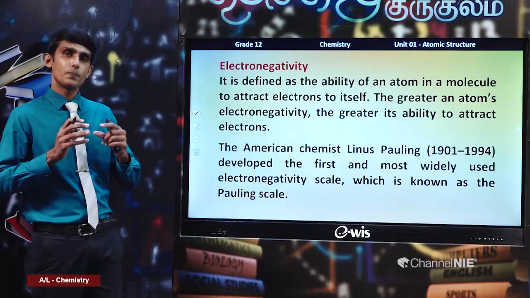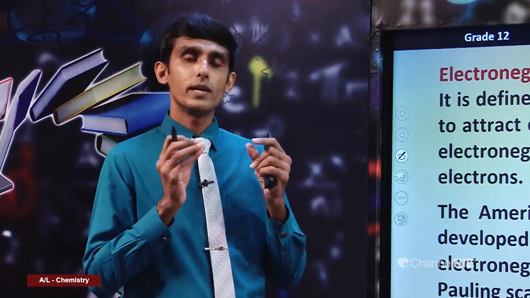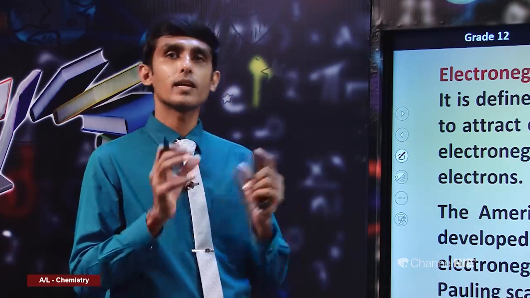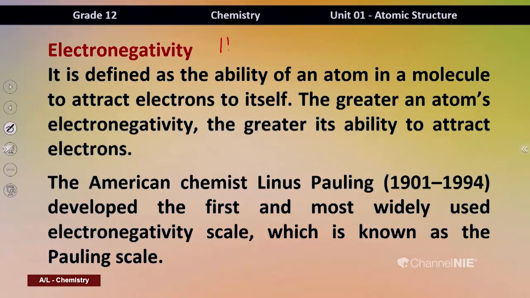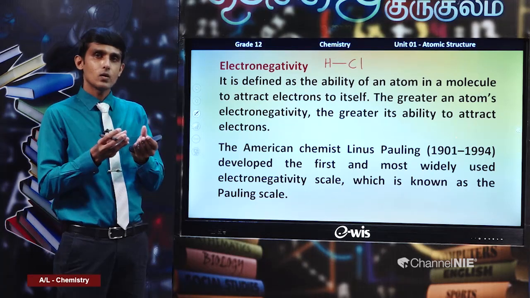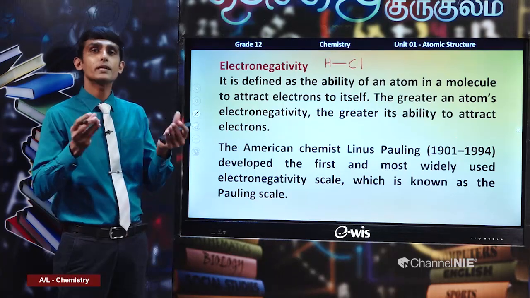We know that covalent bonds are formed by sharing electrons. When you consider a covalent bond formed between two atoms of different elements, just consider a very simple example, HCl. In this molecule, the electron pair being shared is not going to distribute evenly between the atoms.